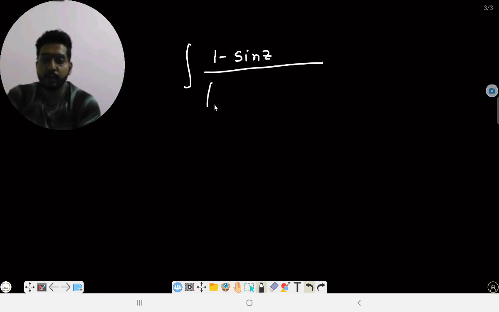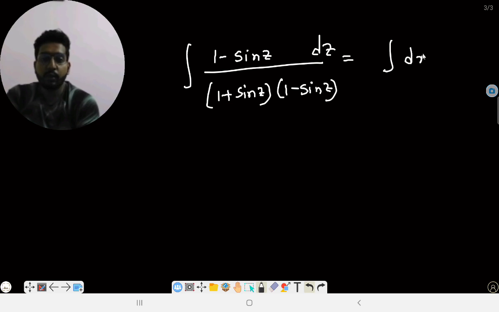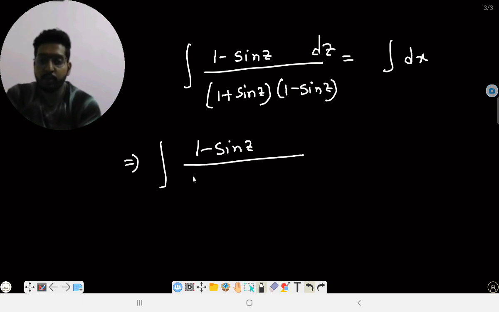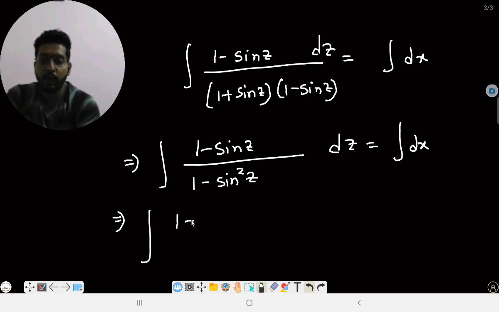So here 1 plus sine z is given, so you multiply numerator and denominator by 1 minus sine z. That means integration of (1 minus sine z) dz over (1 plus sine z)(1 minus sine z) equals integration of dx. The denominator becomes 1 minus sine square z, that means cos square z.